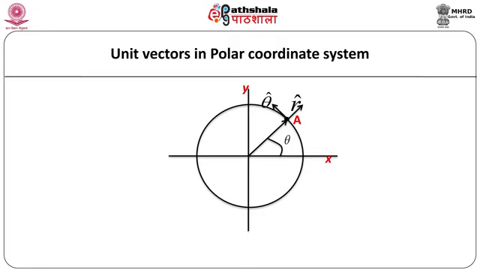In the polar coordinate system, the vector r bar itself indicates the r axis, while the tangent to the circle of radius r at point A drawn in the anticlockwise direction represents the theta axis. The unit vectors along these axes are as shown.